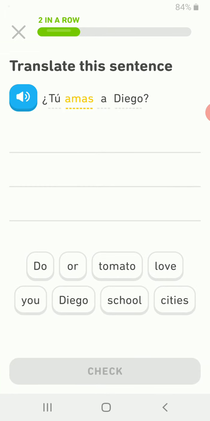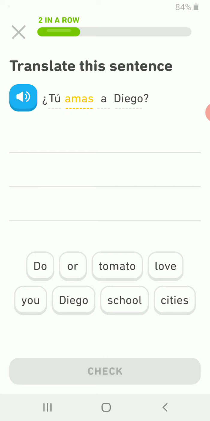¿Tú amas a Diego? Tú amas. This is a new verb. We have seen gustar. Me gustan las cervezas, which is not true. I don't like beers because I have a problem with my stomach later. And then we have seen encantar.